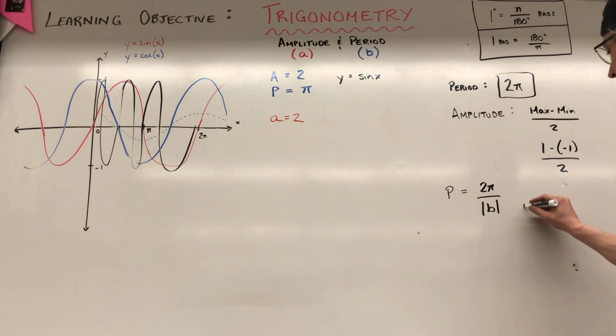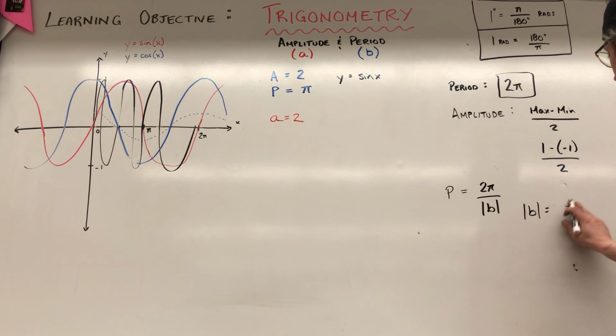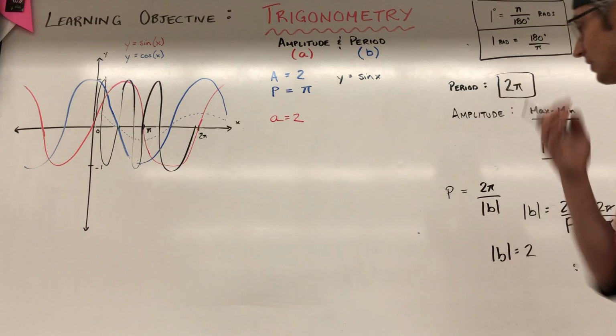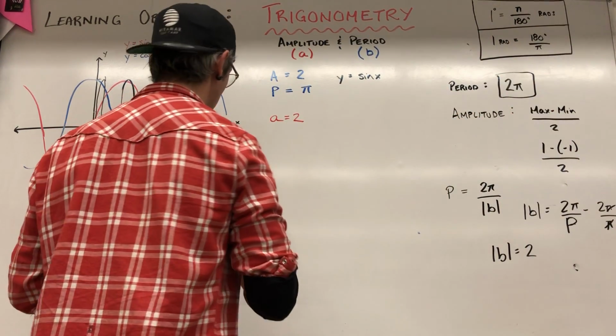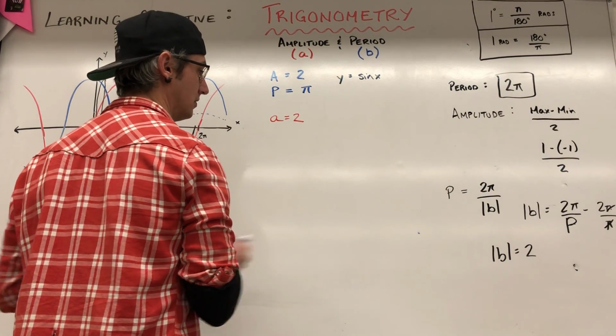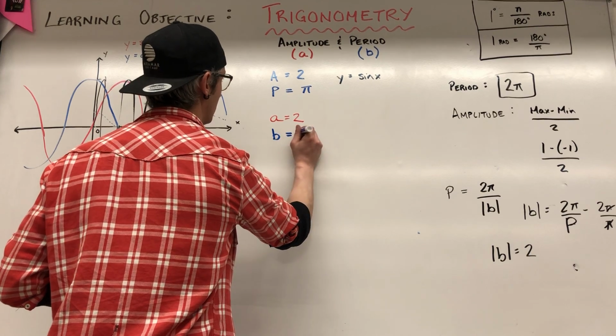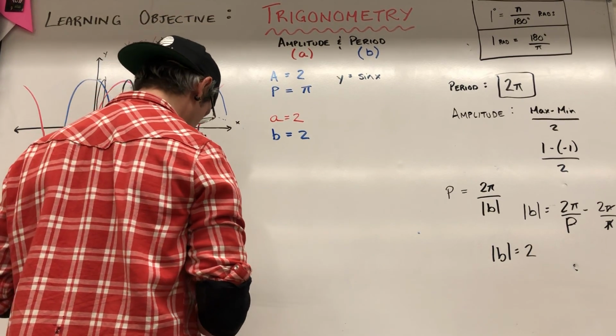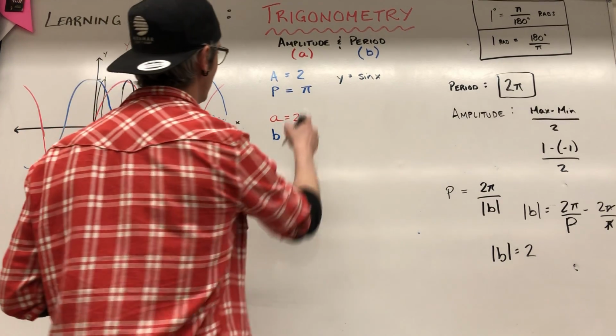The absolute value of b is actually equal to 2 pi divided by my period, which is 2 pi divided by pi. The pi's cancel. B is equal to 2.